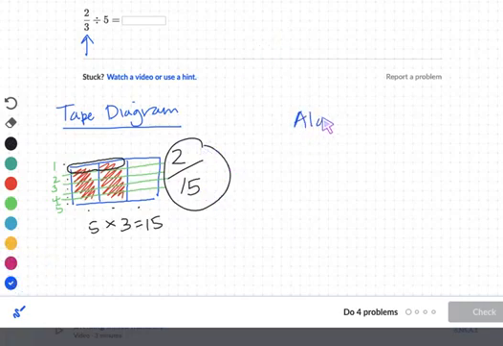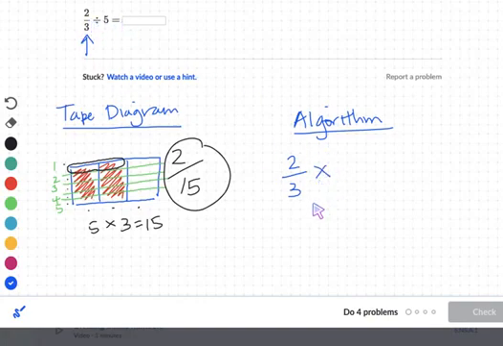Let's use the algorithm. Now, algorithm just means that it is a formula that you're using. You're always doing the same thing each time. So for the algorithm method, we're taking the total. We're not changing that. We're not changing the amount of trail mix we have. That would be unfair. We're taking the division sign and we're changing it into multiplication.